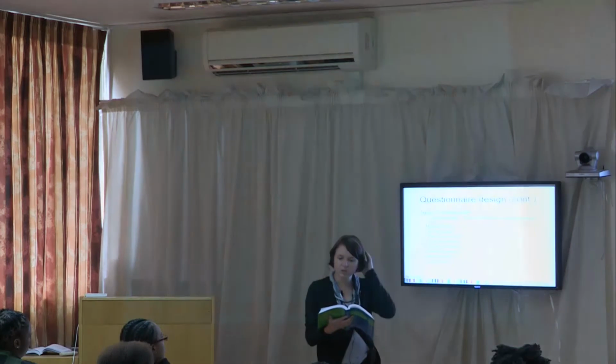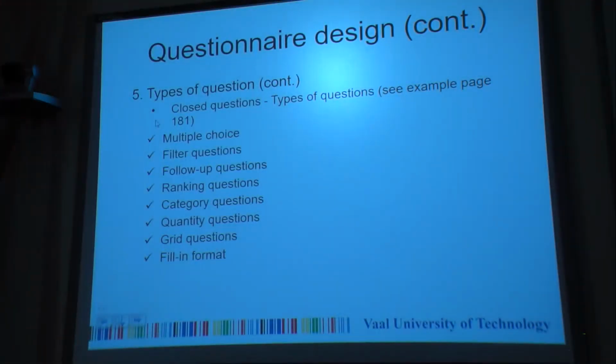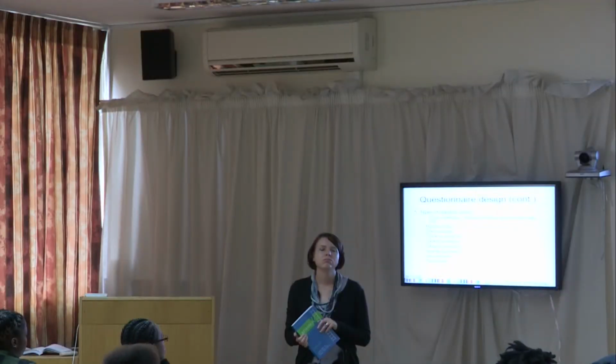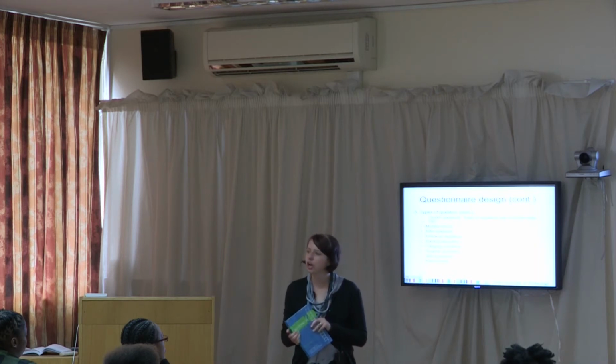Then category questions. That can be where respondents choose only one set of categories. Biographical questions represent one example of category questions. So typically a questionnaire might start with Section A, demographical characteristics of respondents. And in that section, you only deal with biographics or demographics.